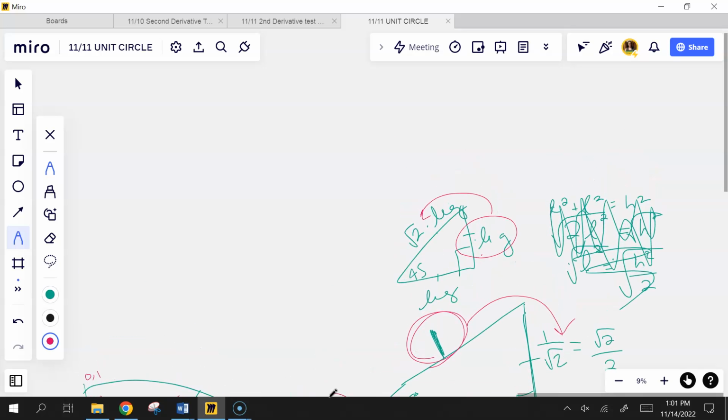So like if I had a 45, 45, 90 triangle, and I told you that this was 7, I told you to find all the other sides. But you know that these are the same, right? And this side would be 7 times the square root of 2.